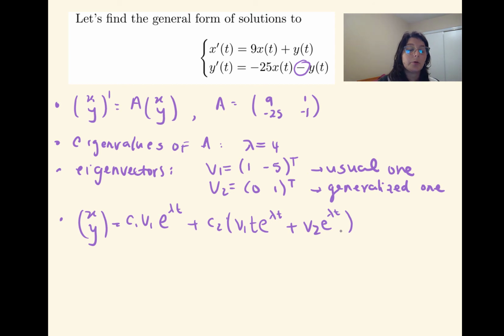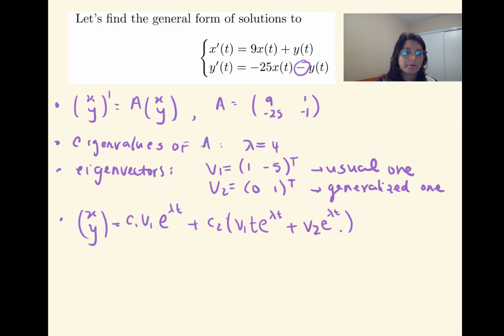This is true no matter what A, lambda, v1 and v2 are, as long as the matrix A is not diagonalizable, and that's always the case when we have one eigenvalue only and the matrix is not diagonal.